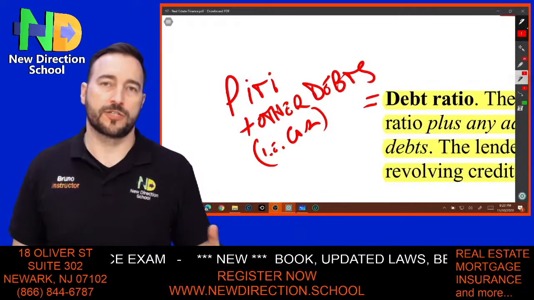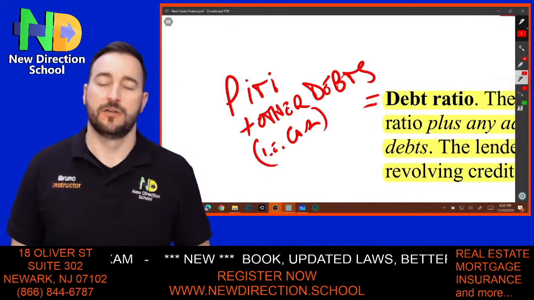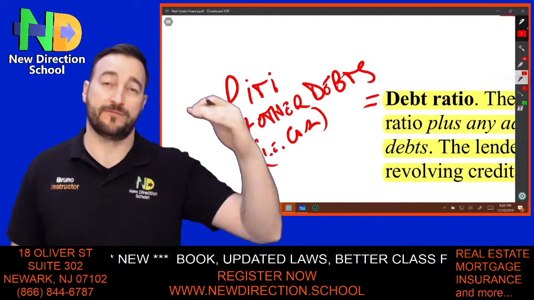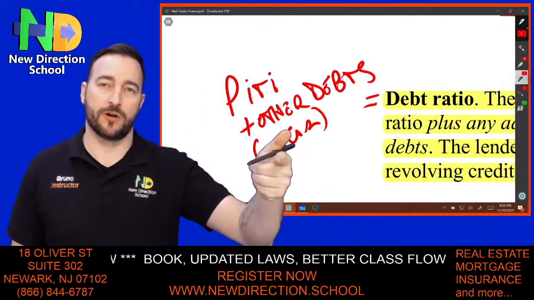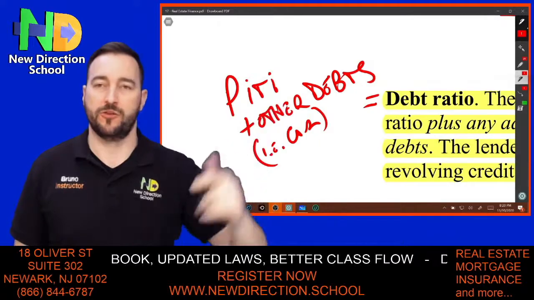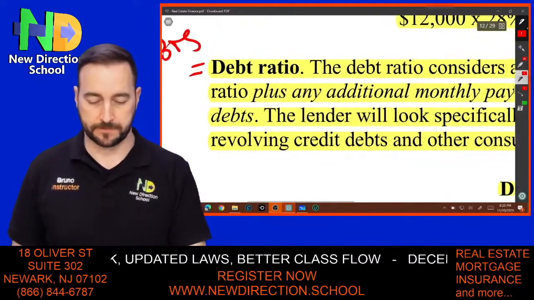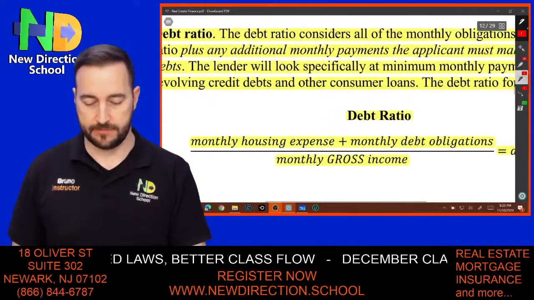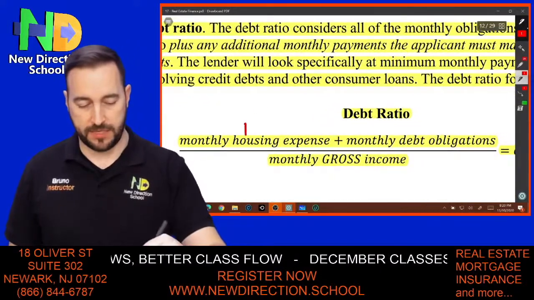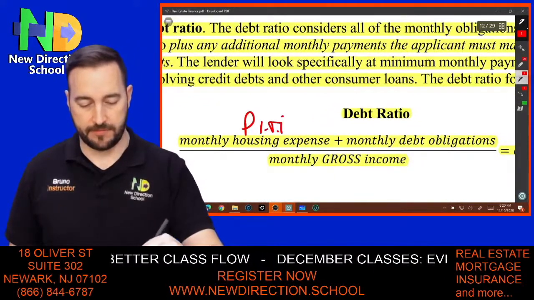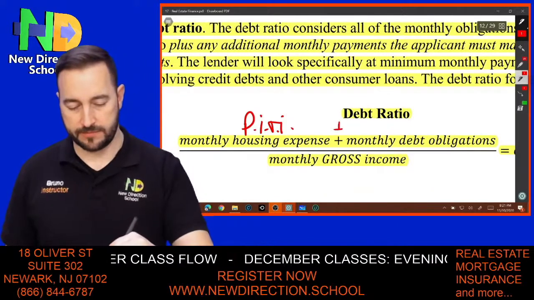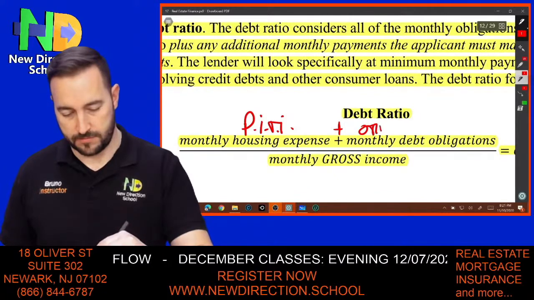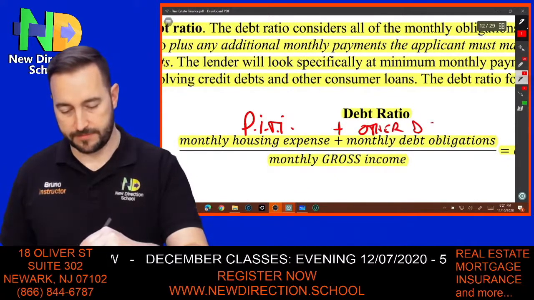So your mortgage cannot be more than X amount of dollars plus $600 for a car. So that's the max that you can afford. If your car payment and the mortgage exceed that, then you cannot buy this house. That's a debt ratio. And again, it's PITI plus other debts.